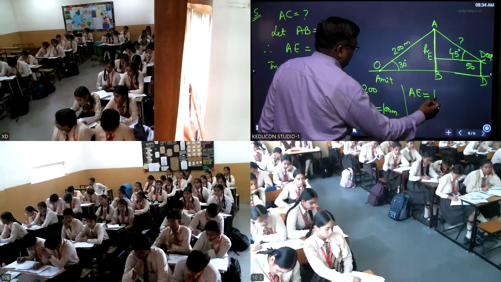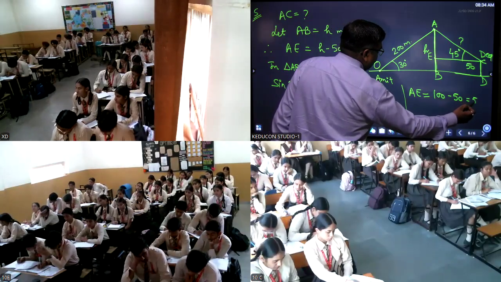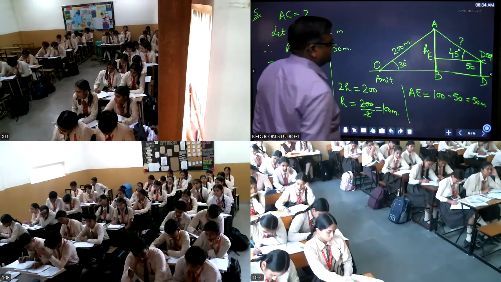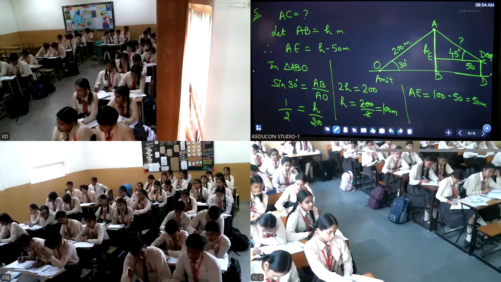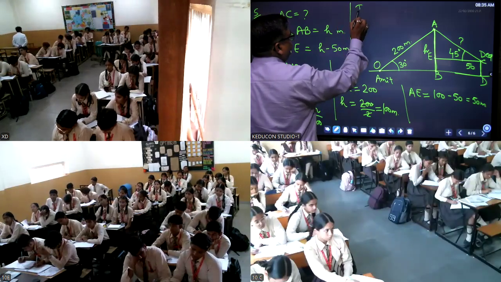What is the value of AE? 100 minus 50, that is 50 meter.